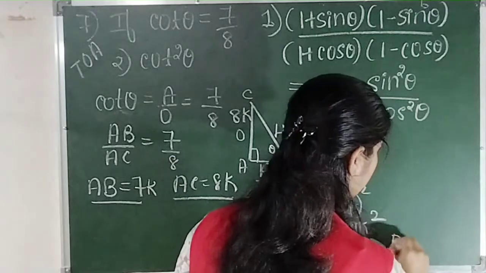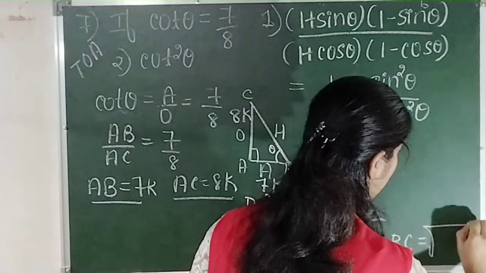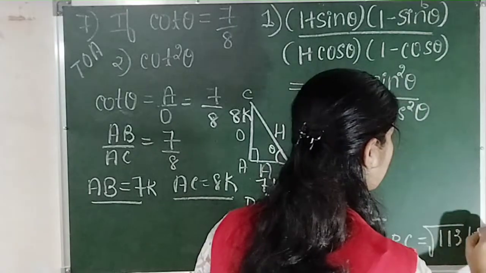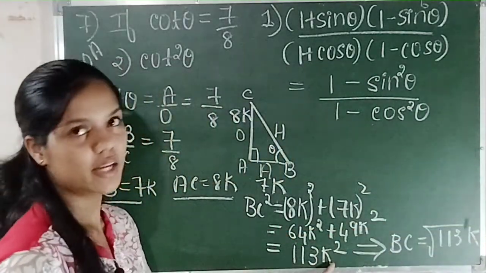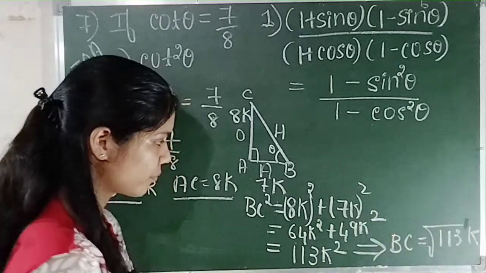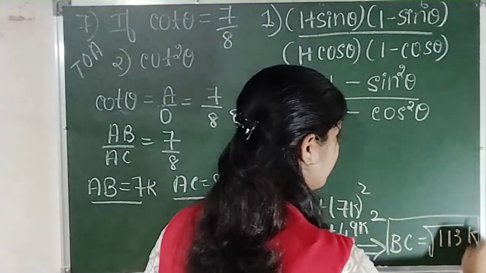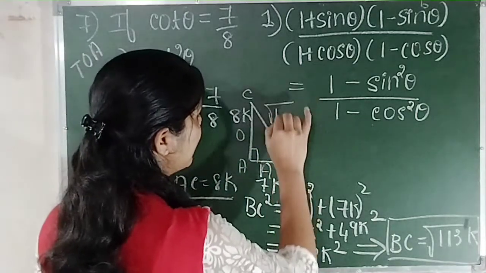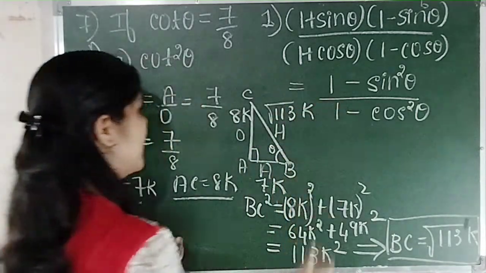This implies BC is equal to square root of 113 into K, where the square root of K square is K. So we got the value of BC, that is equal to square root of 113 into K.